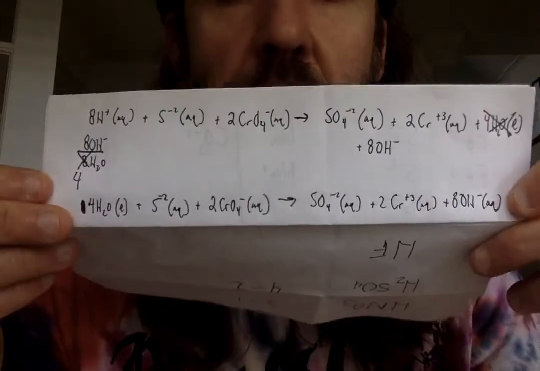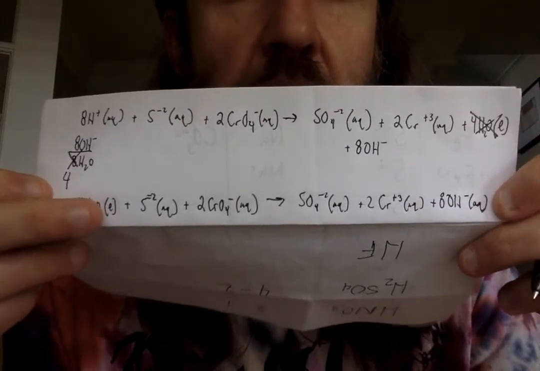Then I just write 4 water liquid plus S2- aq plus 2CrO4- aq yields SO4 2- aq plus 2Cr3+ aq plus 8OH- aq. And so that's how you flip it into a basic environment.